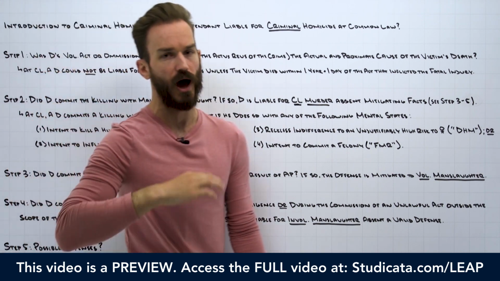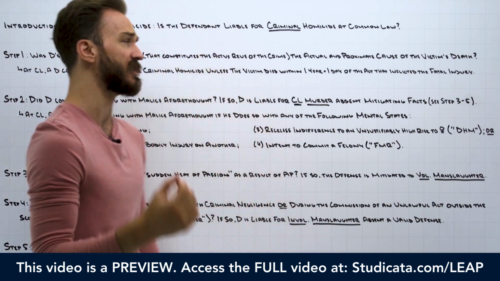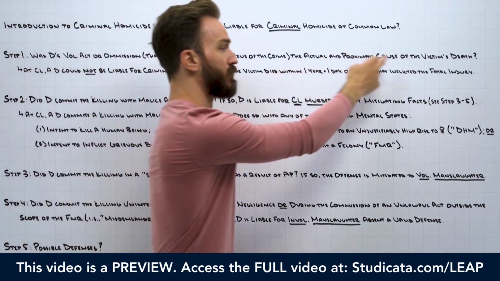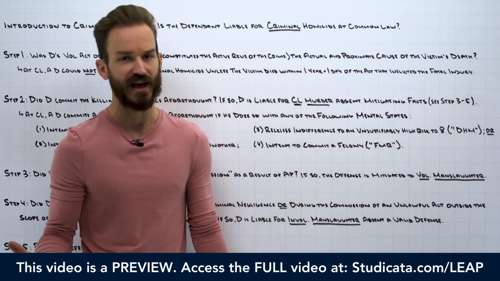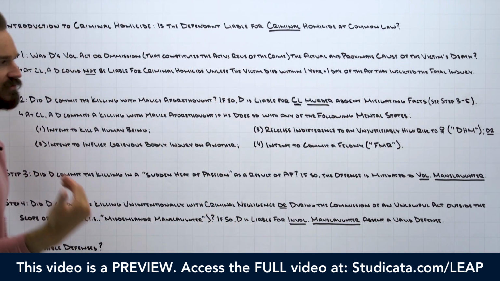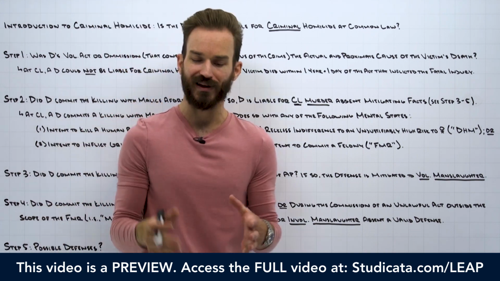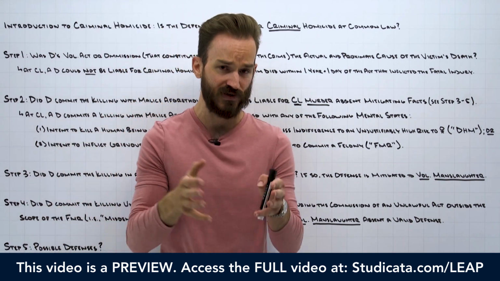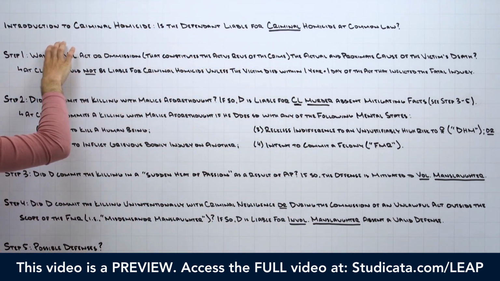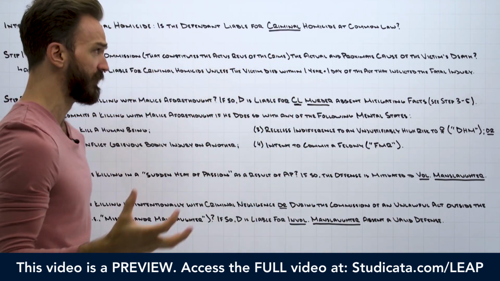It's very obviously clear that the defendant's voluntary act was both the actual and proximate cause of the victim's death. We don't even really have to worry about step one in those types of fact patterns.